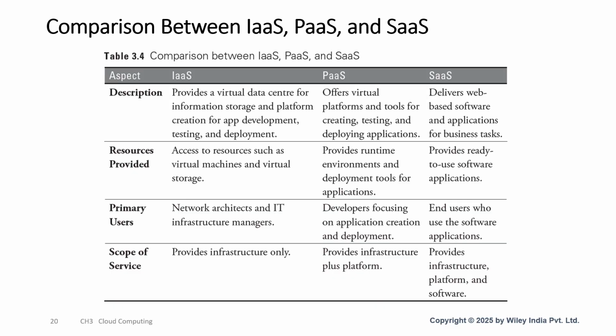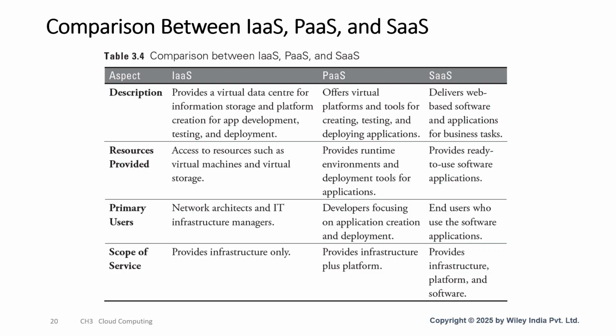So here's a comparison between IaaS, PaaS, and SaaS. IaaS provides a virtual center for information storage and platform creation, and PaaS offers virtual platforms and tools for creating, testing, and deploying applications. And SaaS delivers web-based software and applications for business tasks.